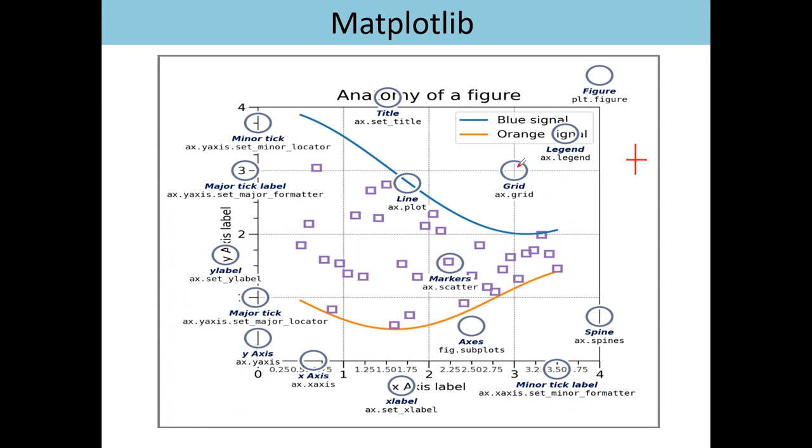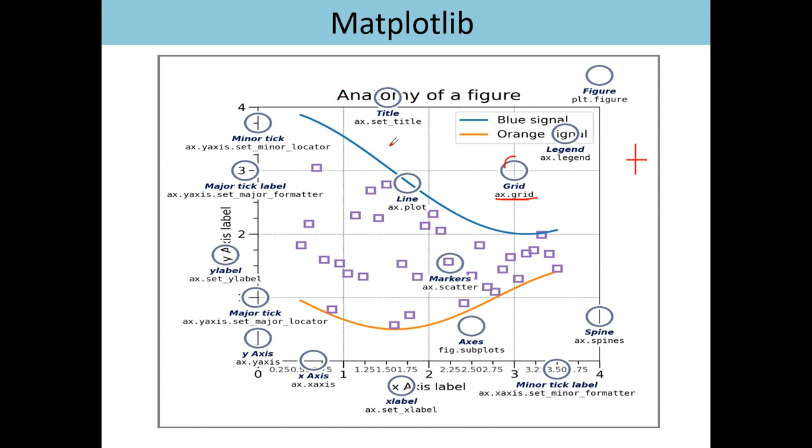This circle gives you the segments, just to identify that this signifies a grid. Figure means the whole thing is called a figure. This is some terminology used in Matplotlib, so that's why I put this image in my slide.